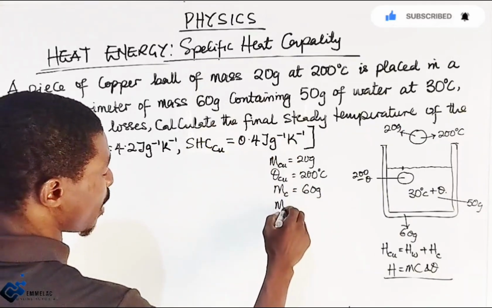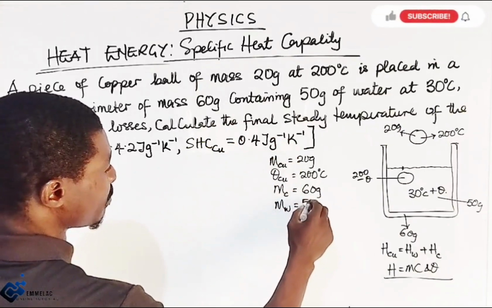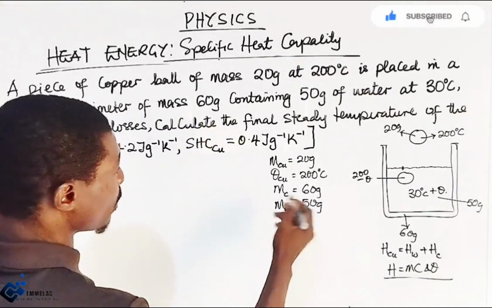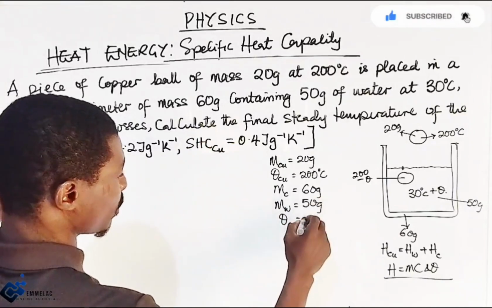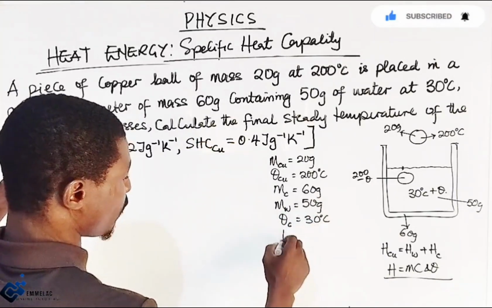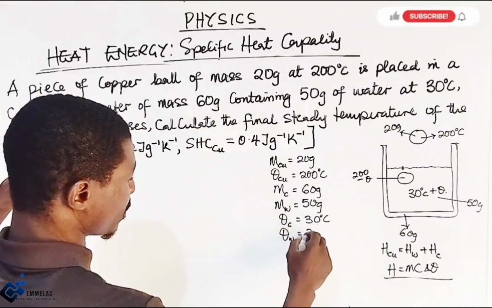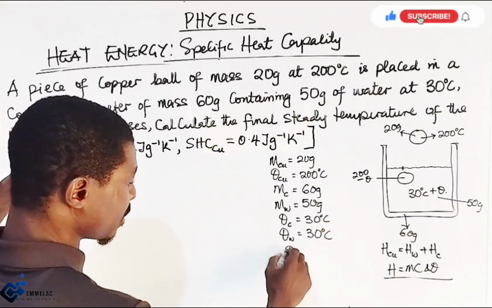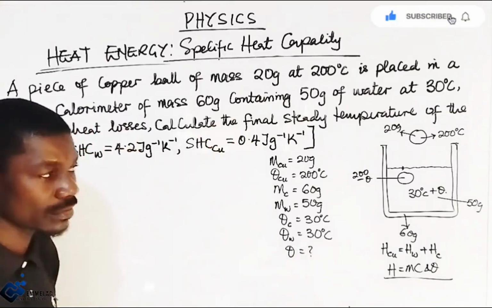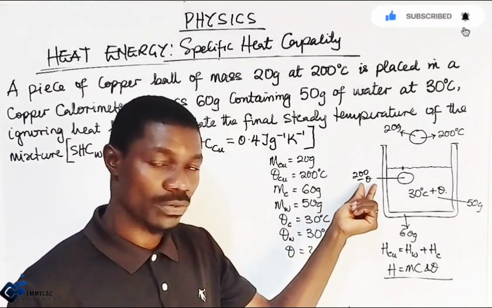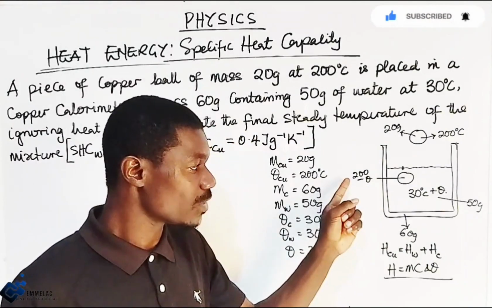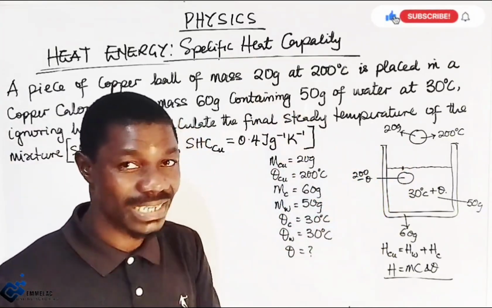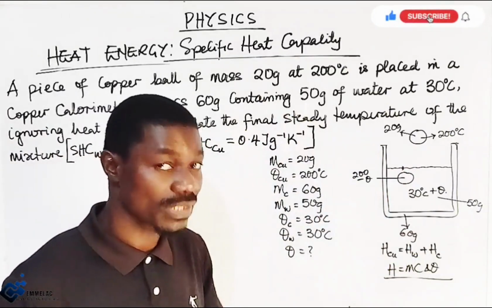The mass of water is given as 50 grams. The temperature of the calorimeter is 30, and that of water is 30. The final temperature we are looking for is theta, because the amount of heat that the copper ball loses is the same amount of heat that the water and the calorimeter will gain.